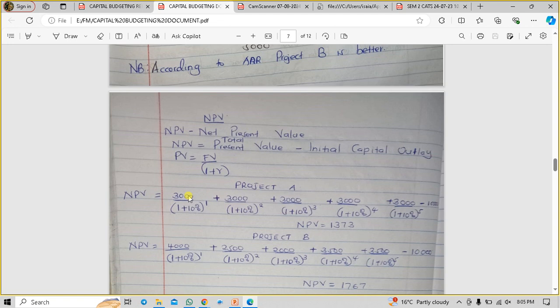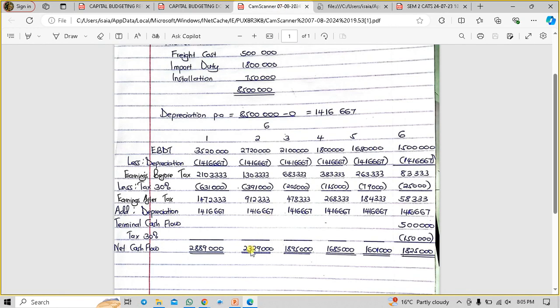So you do like this, 2,889,000 divided by 1 plus 13% to the power 1, plus, go to the next, 2,029,000 divided by 1 plus 13% to the power 2, plus 1,895,000 divided by 1 plus 13% to the power 3, then plus 1,685,000 divided by 1 plus 13% to the power 4. That is for the 4th year.